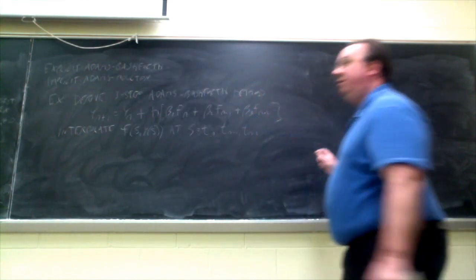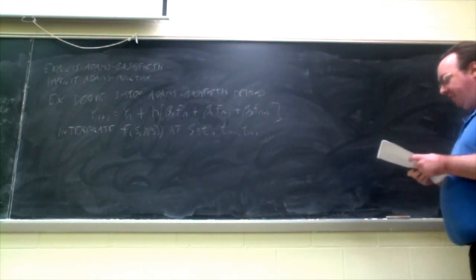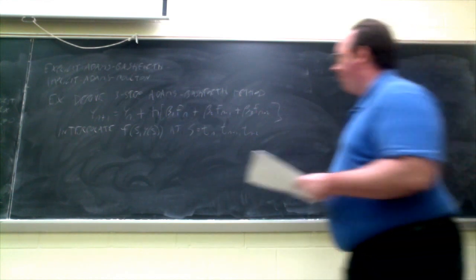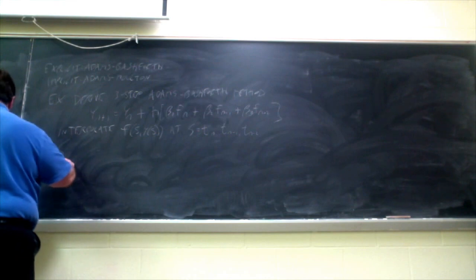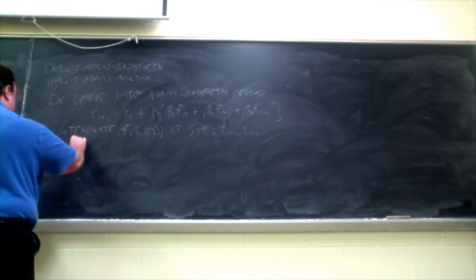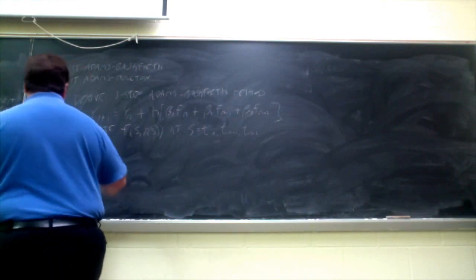So it's a three-step method, so I interpolate at 3 points. And what I do is, I approximate my integral that I have from the integral form.